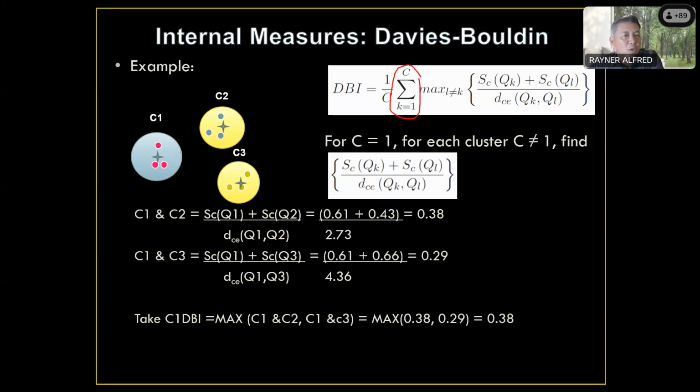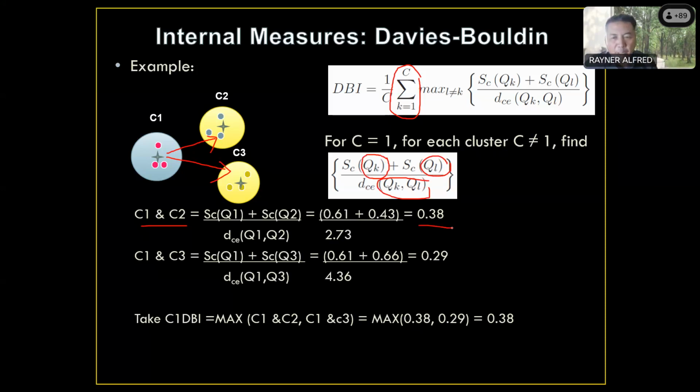We want to know what is the worst scenario between C1 and C2 or C1 and C3. If we want to compute for C1 and C2, then we look at the compactness of cluster 1 and cluster 2 and the distance between them. Since we already have all that information, we just plug in the values.